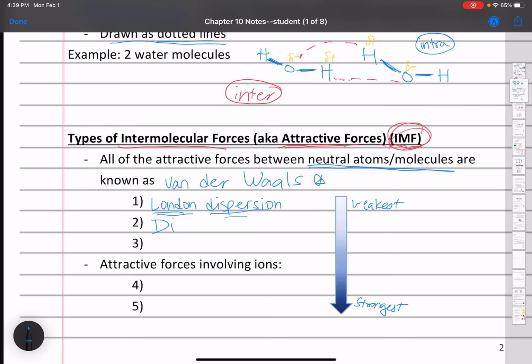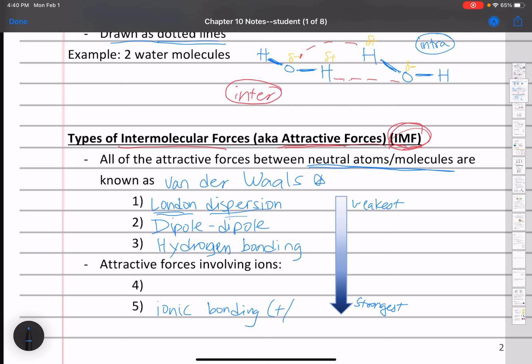Another type of van der Waals force is dipole-dipole interactions. And the third type is hydrogen bonding. There are also attractive forces that exist between ions. Of course, there is ionic bonding, which we already sort of discussed.